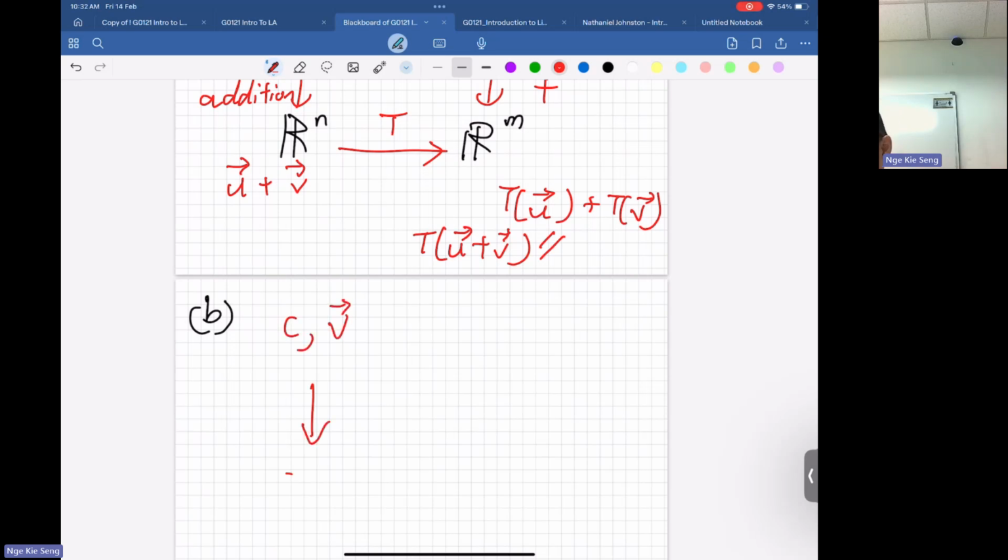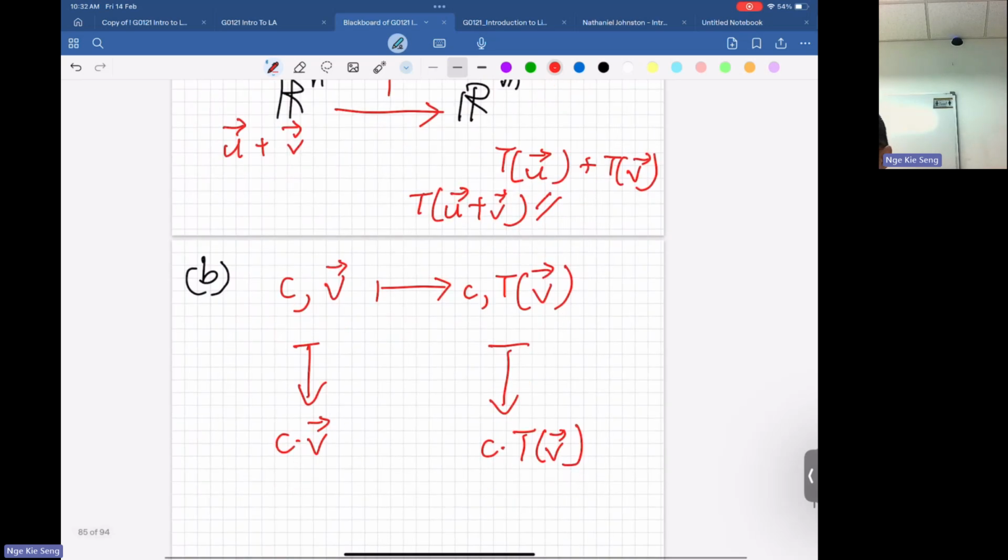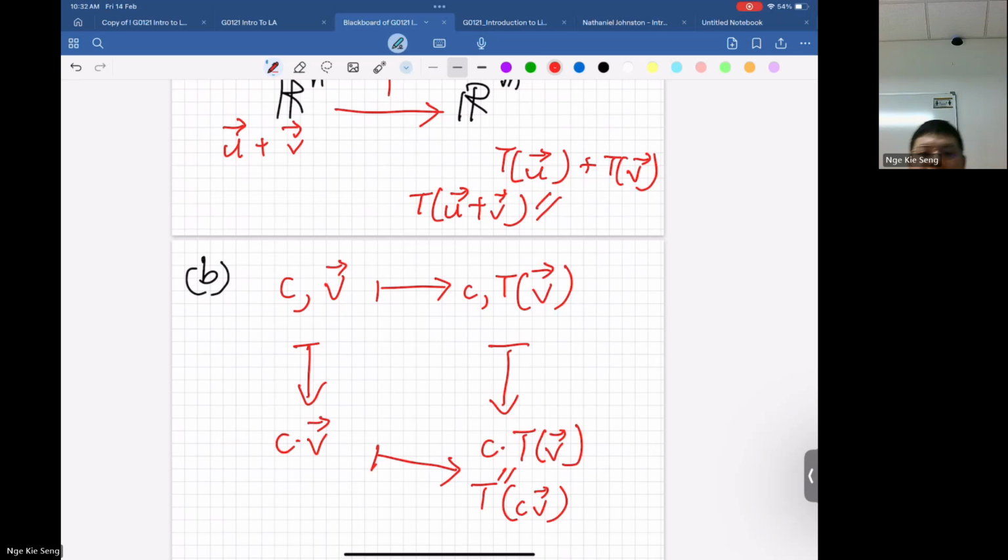One way is you can multiply them together first, and then map them across with T. The other way is you map v across with T, keep the c because you did nothing to c, and then multiply c and Tv together. So you send the whole cv to the other side, but when T is linear, they coincide.